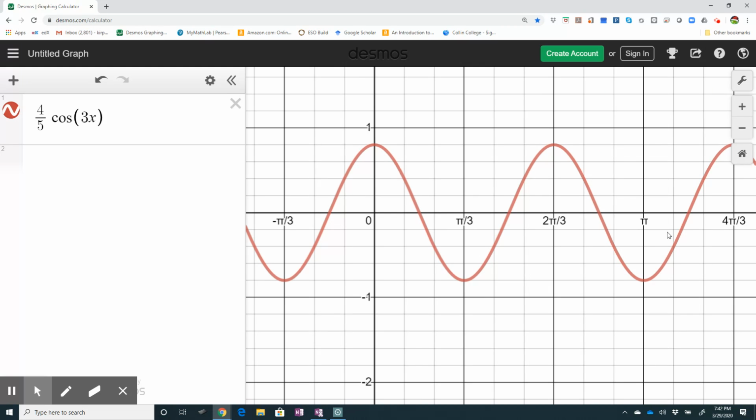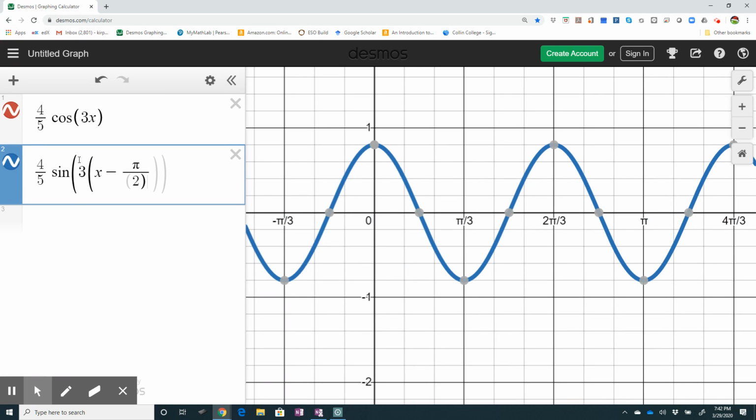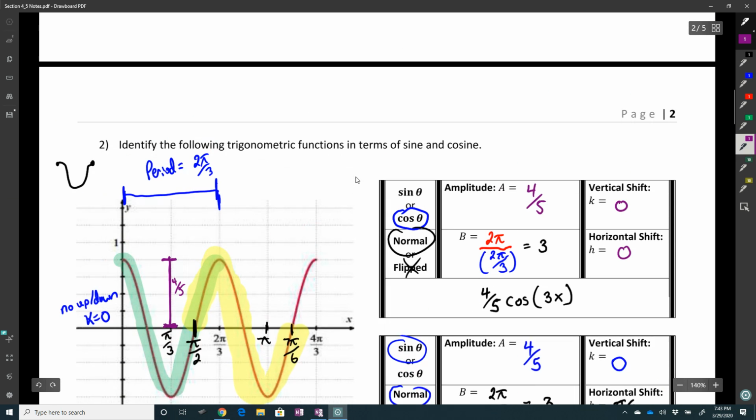So now it looks like our graph did. Now I can type in 4/5 sine of 3 parentheses x minus pi over 2. Notice that the two graphs are exactly the same. So anyway, just a heads up that that is totally doable.